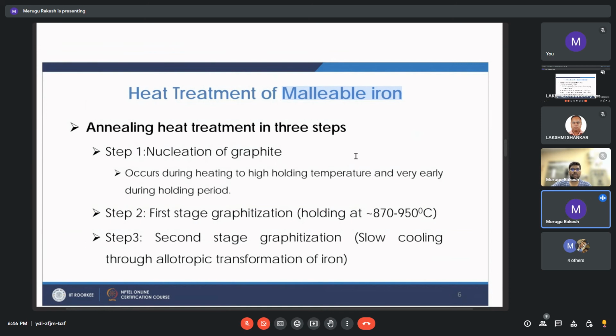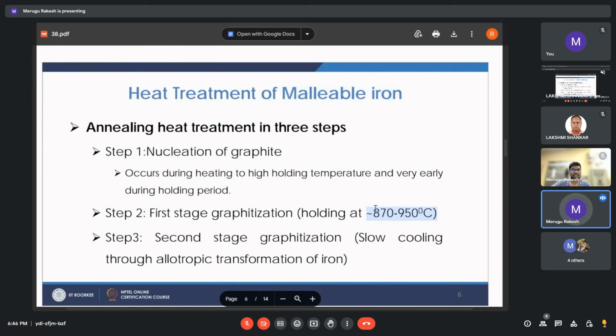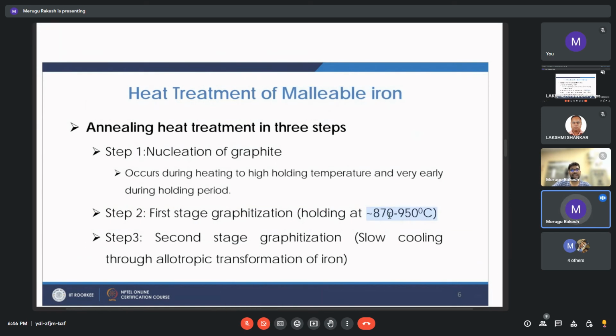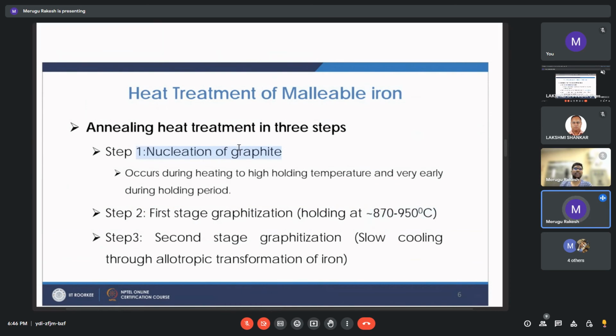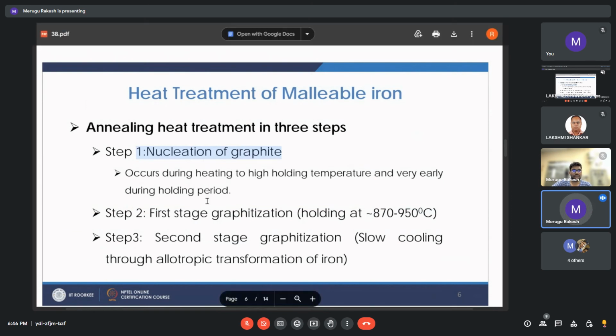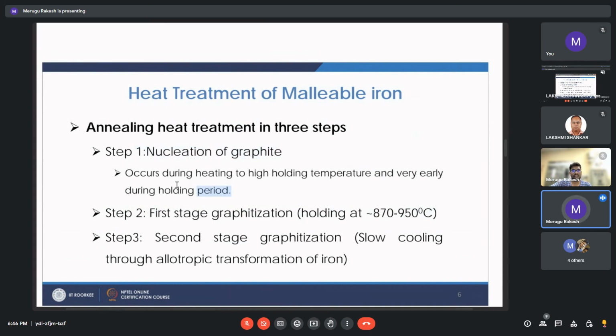Going from room temperature to some 870 degrees Celsius, when we reach 870 degrees Celsius this graphite nucleation starts. This occurs during heating to the high holding temperature and very early during the holding period. Before holding, nucleation starts.